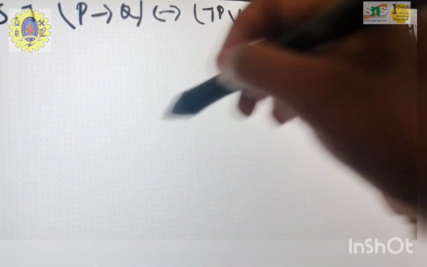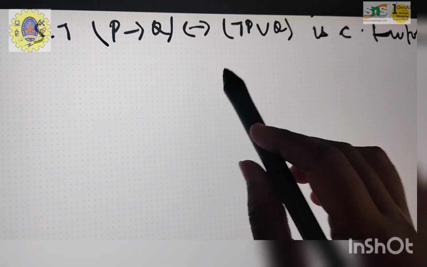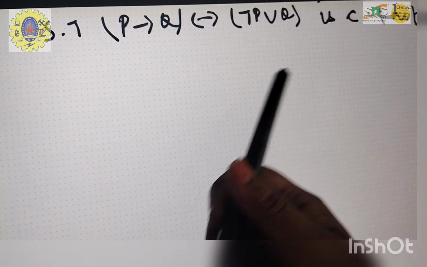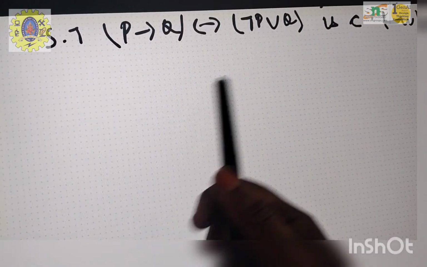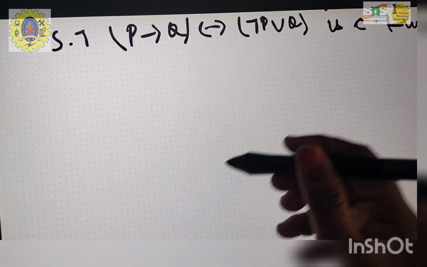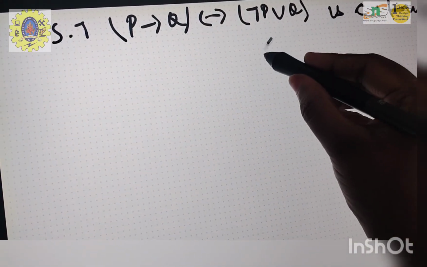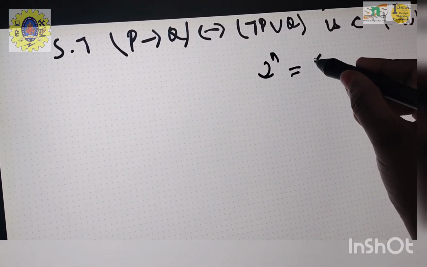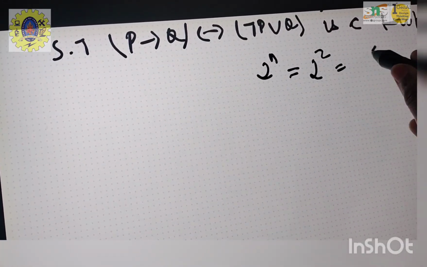First, we have to know how many elements we have to fill. The given statements are P and Q, so there are two statements. The formula is 2 power n, which is 2 power 2, which is equal to 4.